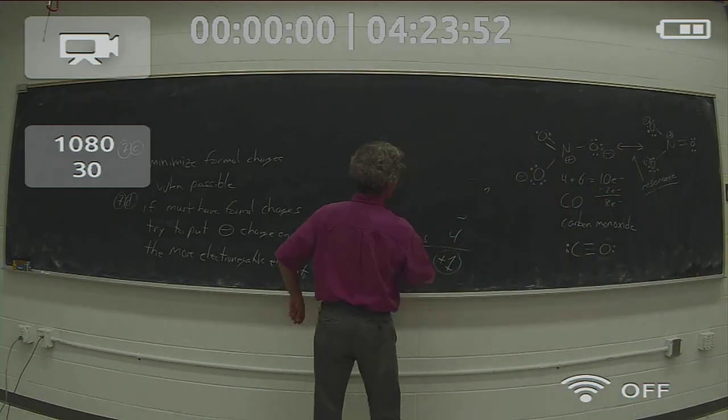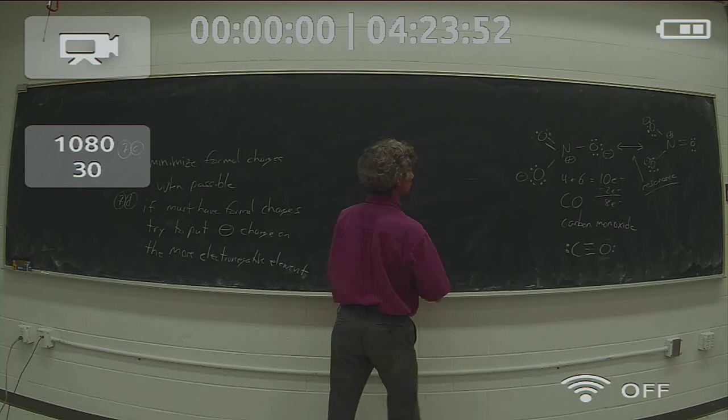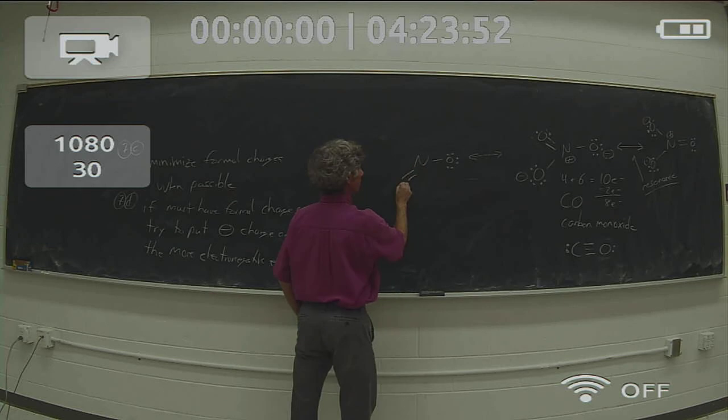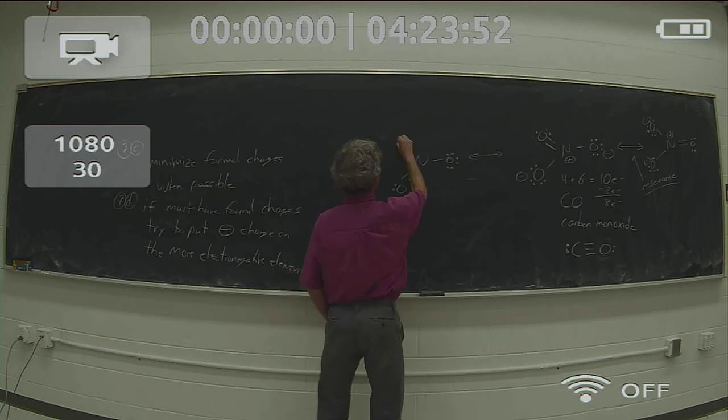So there are three equally contributing resonance structures to the nitrate ion, each of which has a double bond to one of the oxygens and a single bond to the other two.